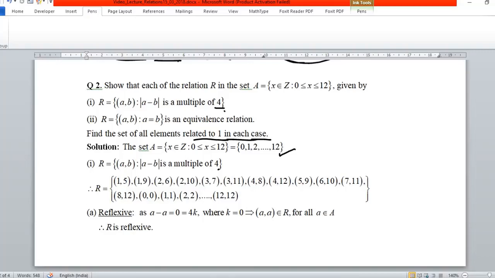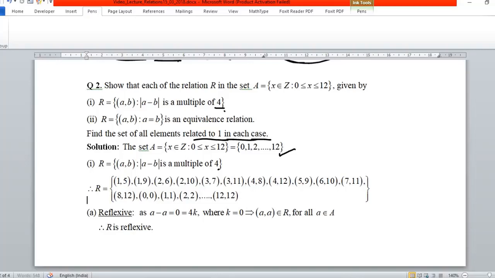So relation R contains elements of the form (1, 5), as 1 minus 5 is minus 4, which is divisible by 4; (1, 9), as 1 minus 9 is minus 8, which is again divisible by 4; and (2, 6), as 2 minus 6 is minus 4, which is divisible by 4. Similarly, all the other entries which satisfy this definition are present in this relation. So it contains the elements (1, 5), (1, 9), (2, 6), (2, 10), (3, 7), (3, 11), (4, 8), (4, 12), (5, 9), and so on.